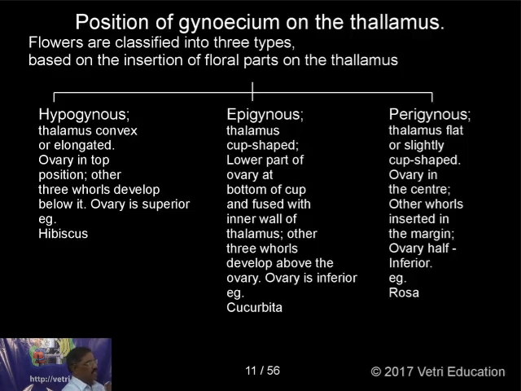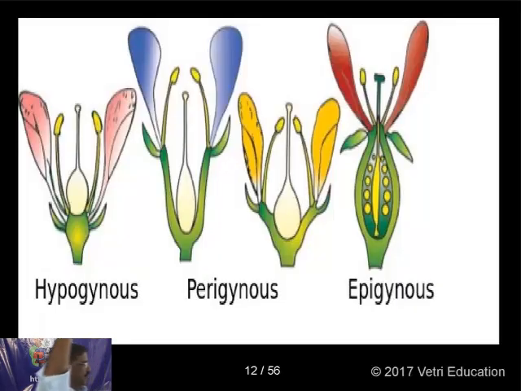Example, cucurbita. The third one is the perigynous condition, in between. The thalamus is a flat or cup-shaped structure. The ovary is found in the center and the remaining floral parts are found at the margins of the cup. So we can call the gynoecium either inferior or superior. Both are correct. Example, rose.